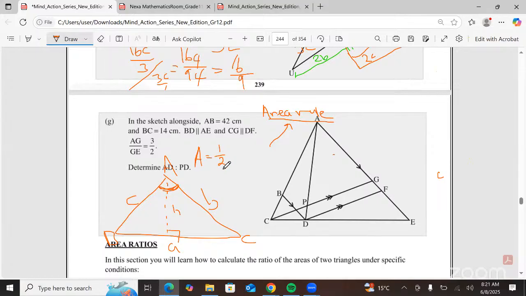But with area rule, after that half, you multiply those sides that intersect at the given angle. In this case, you multiply AC times AB. AC and AB are the ones that meet at the given angle. Then you multiply by the sine of that given angle at A. I don't know if it makes sense now, sir.